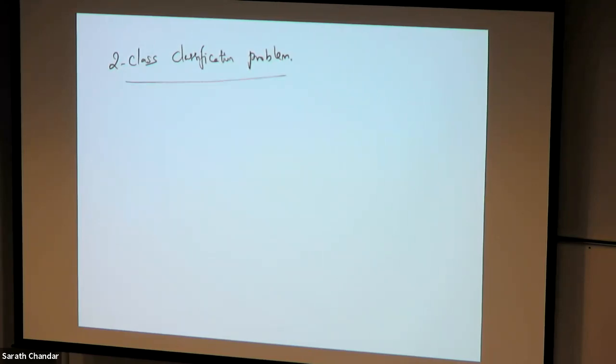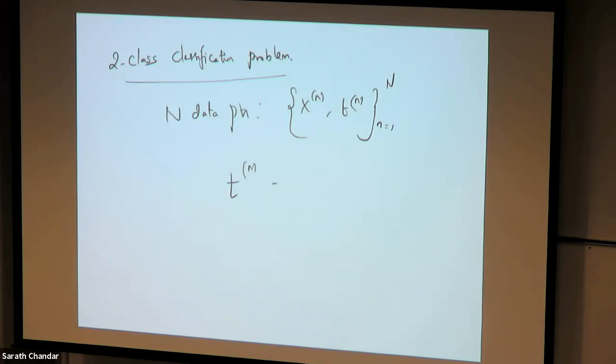So we are going to consider a two-class classification problem where there are N data points, x_n, t_n for n equal to 1 to capital N. We are going to consider the classes to be +1 or -1, so t_n belongs to {-1, 1}. Clear? Initially, we are going to assign a weight of 1 over N for all examples.